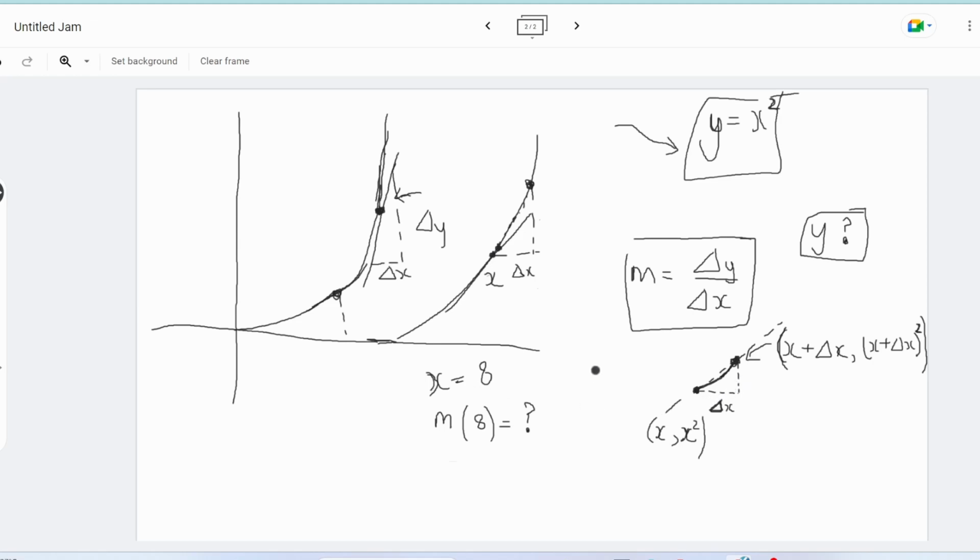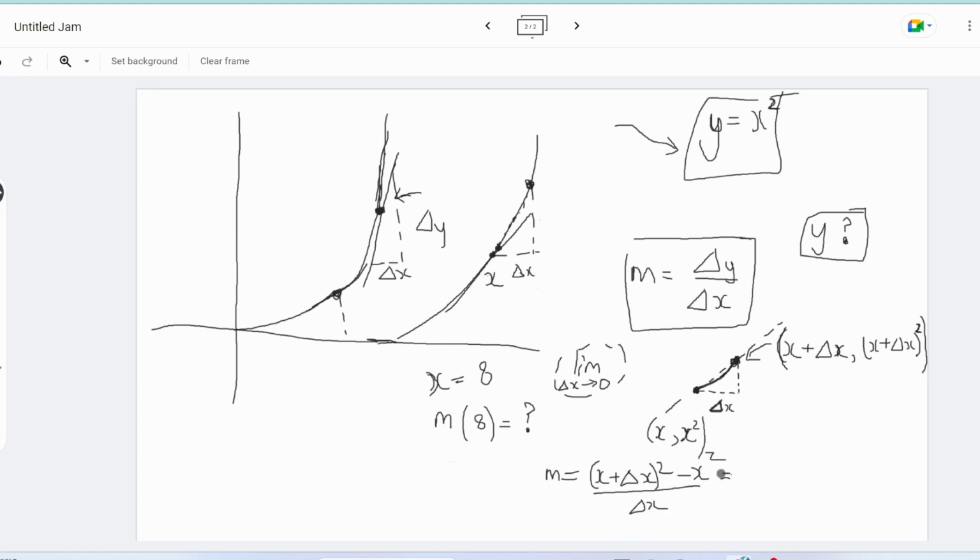In mathematics, what we say is, I take a limit as delta x approaches 0. I want to see what happens as this change in x gets what we call infinitesimally small. So what will my gradient be? My gradient, m, is equal to x plus delta x, the whole thing squared, minus x squared, divided by delta x.